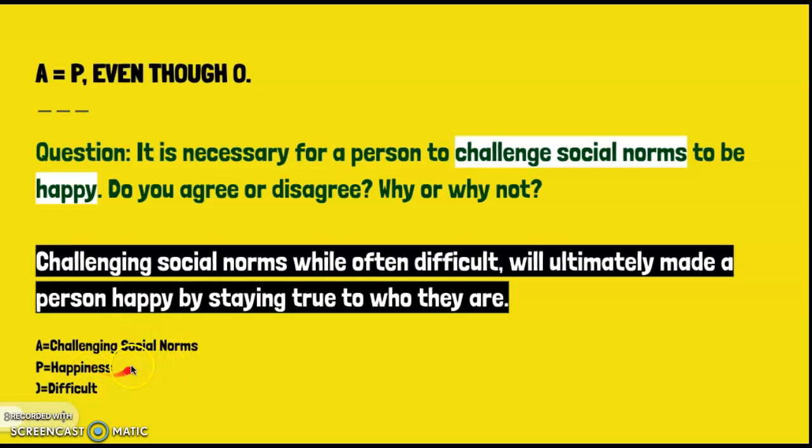They're equating these two concepts: that being happy is challenging social norms, and challenging social norms will make you happy, even though it is difficult, right? It's hard to challenge social norms. You can make a lot of people around you happy, but ultimately, if what you value as a person is to be true to yourself, then you are supporting that endeavor.